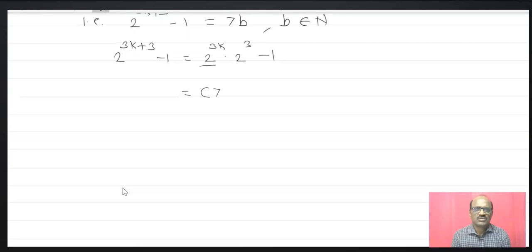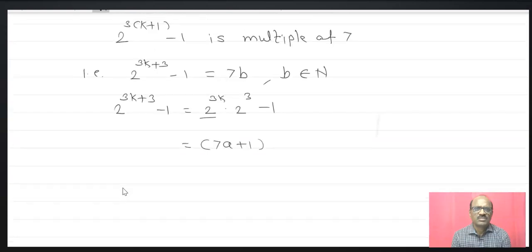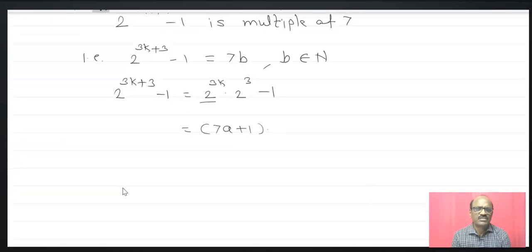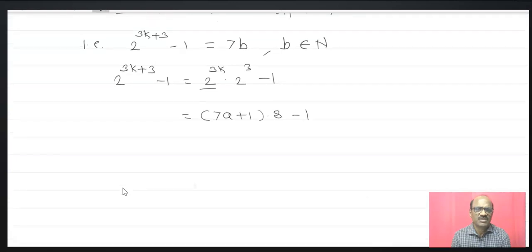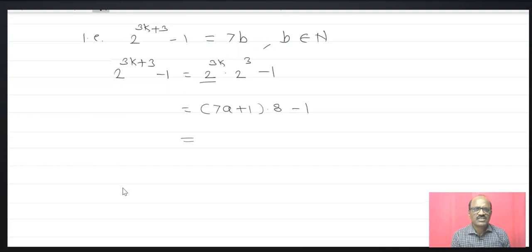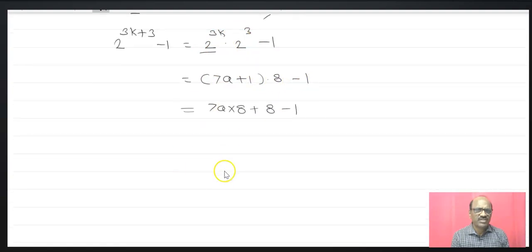We substitute the value: 2 raised to 3k is 7a plus 1, and 2 raised to 3 is 8, from equation 1. So we get (7a+1) into 8 minus 1, that is 7a into 8 plus 7.